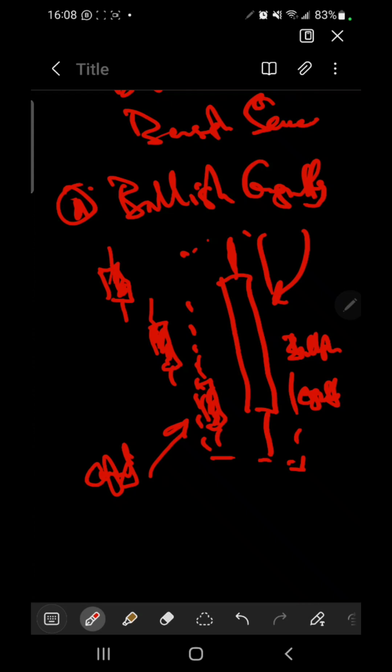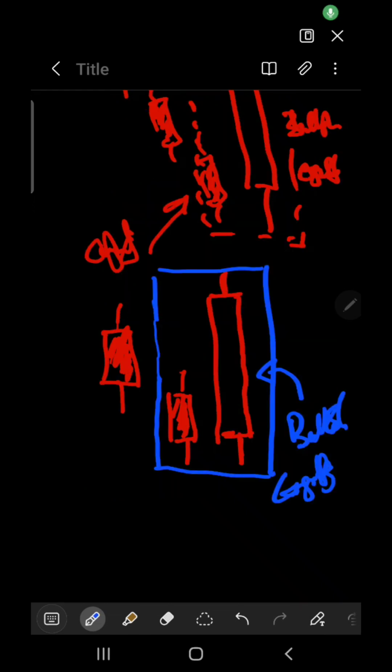Why are we saying it is the bullish engulfing? Because there is a very big bullish candle that has just arisen from nowhere, and it has engulfed the previous bearish candlestick. So here is the bullish engulfing pattern.